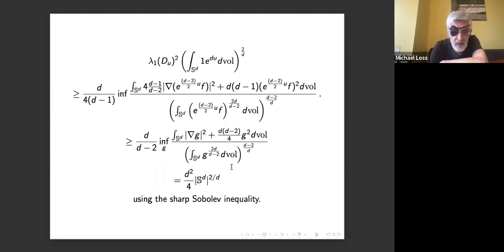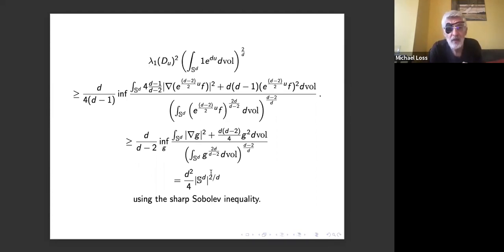And we know what the best constant is, namely the infimum is given by this number. This is the sharp Sobolev inequality. So what we then get is that the first eigenvalue of this conformally deformed Dirac operator squared times this funny factor is bounded below by a fixed, universal constant.